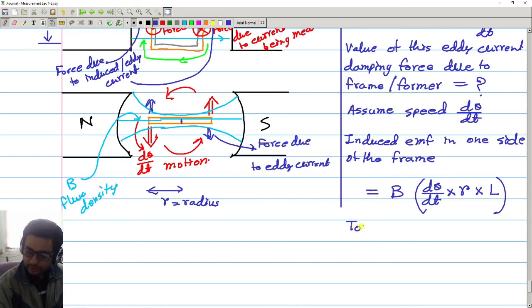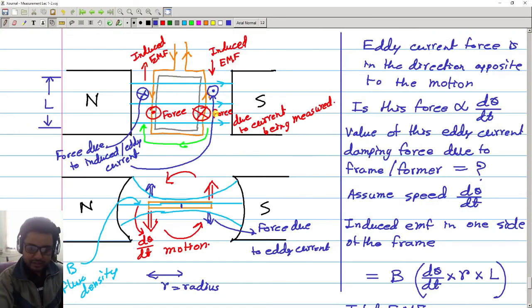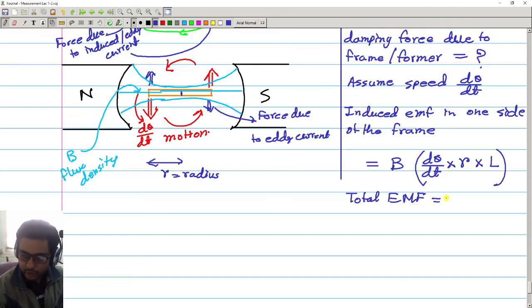Now the total EMF: we have two sides, one here and another here, and their EMFs are additive in nature. So multiply this with 2, giving 2 B r l d theta dt.